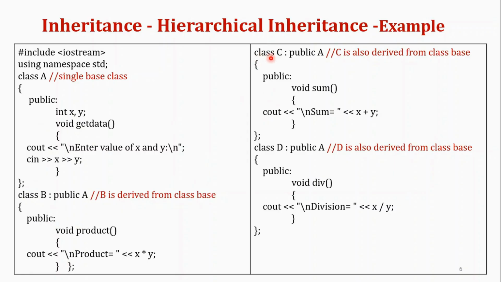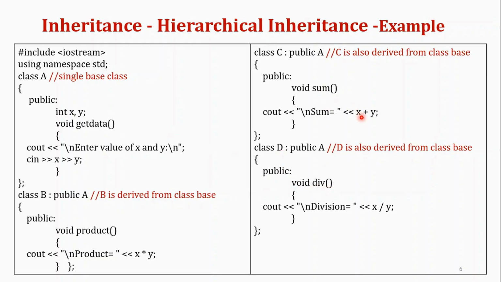Coming to the third class, class C. Class C is the second derived class, inheriting A in public mode. All the properties, x, y and getdata, are available in the public part of class C. Similarly, class D inherits class A in public mode. Again, all the public members are not copied, but inherited into the public part of class D, in addition to its own function called division.